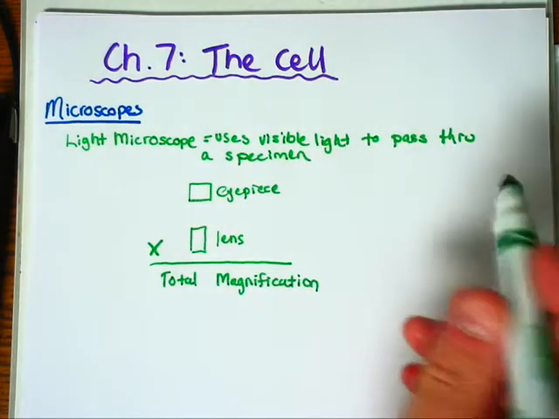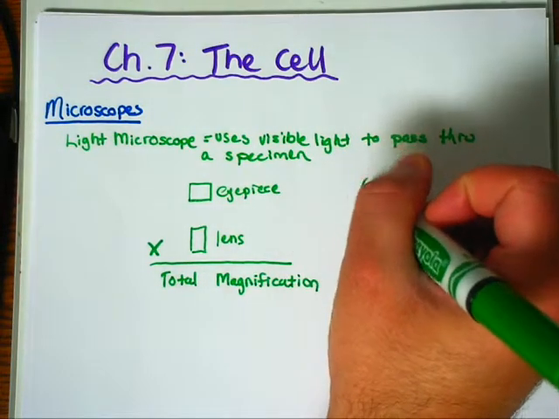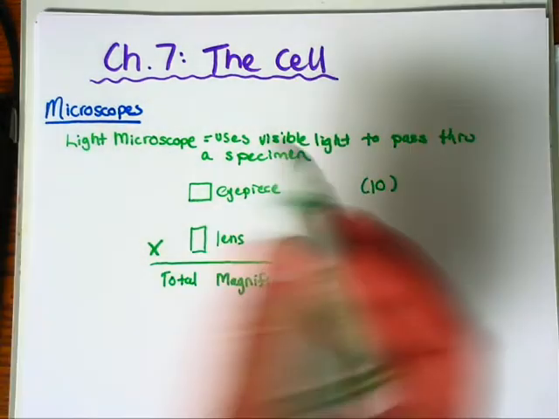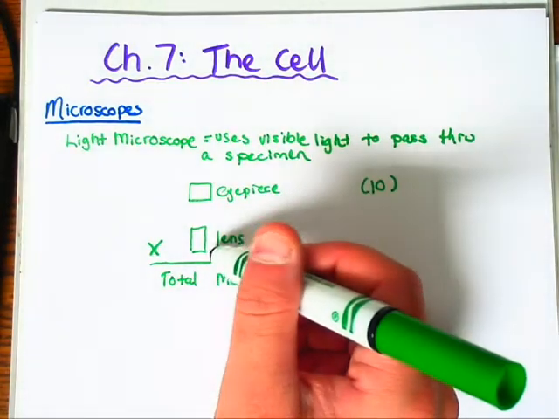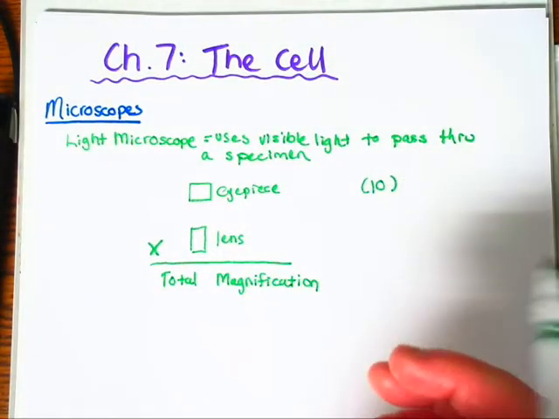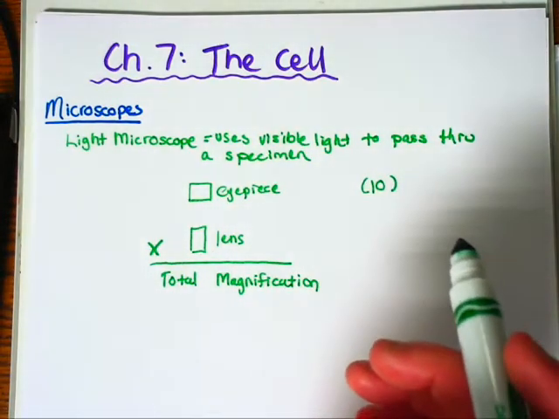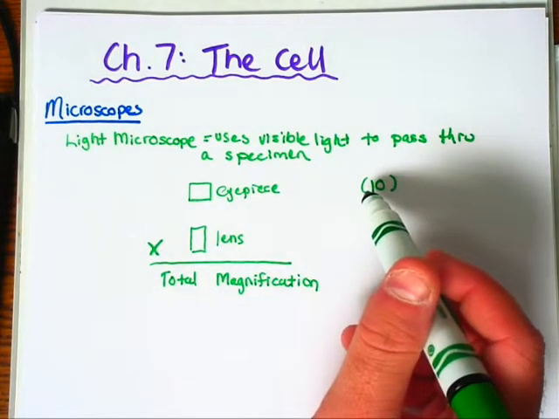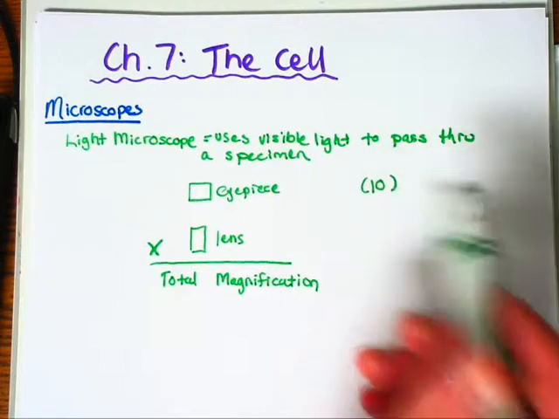So the eyepiece is typically about times 10, and then the different rotating lenses here could be anywhere from 10 to 40. So if it was 40, I would take 40 times 10, which is what? 400.